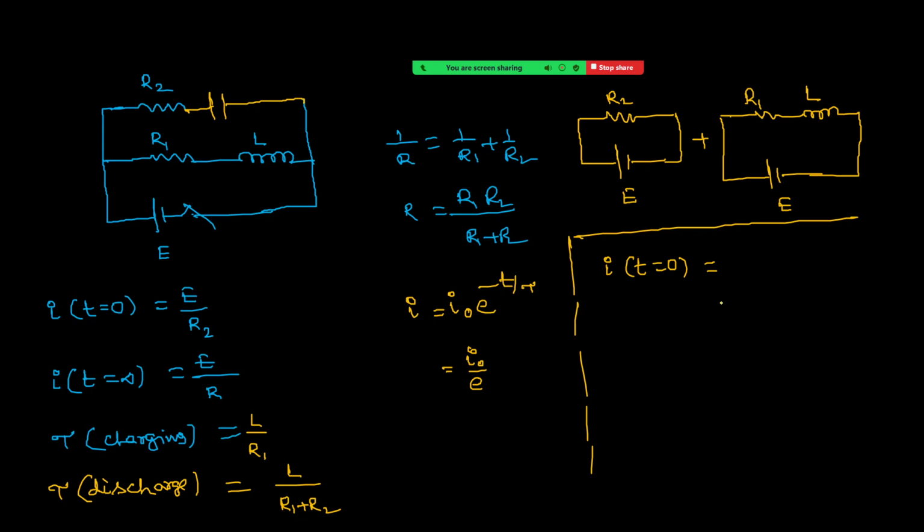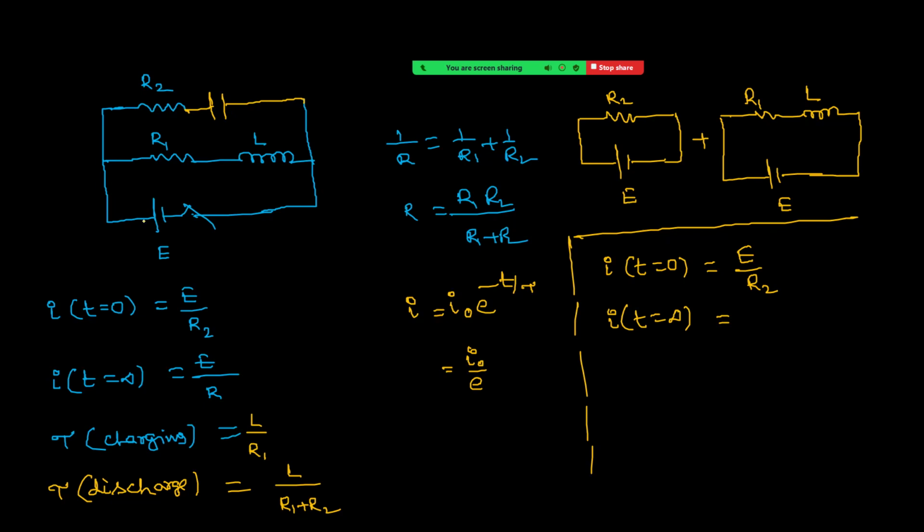That means just after closing, there is no change in the current. Next, initially the current flows only through this one, assuming the capacitor was uncharged. When it was uncharged, we can replace the capacitor with a conducting wire. This is what we have learned in RC circuits.